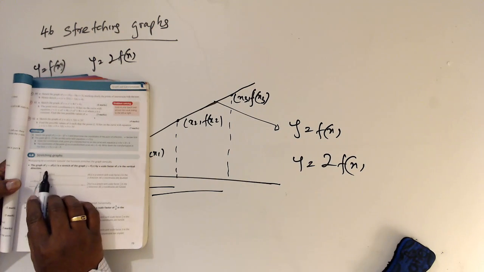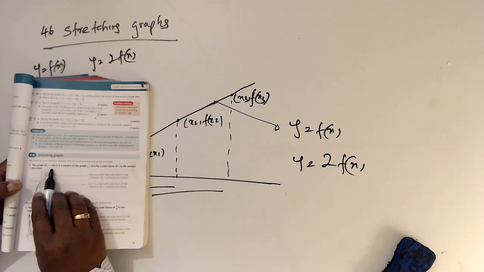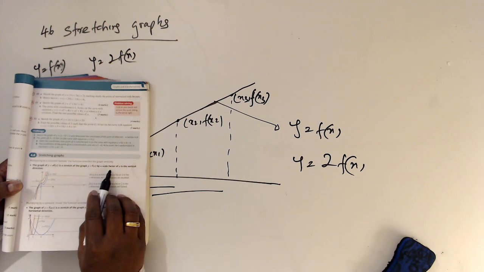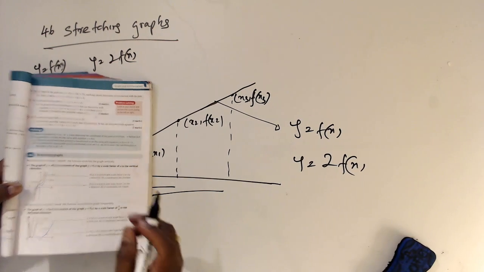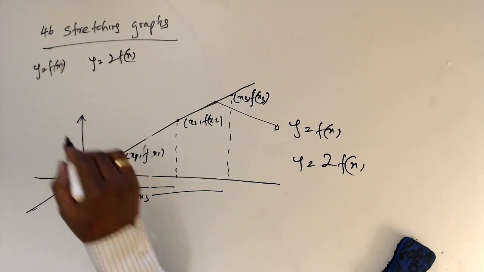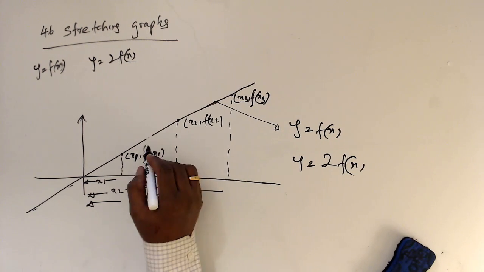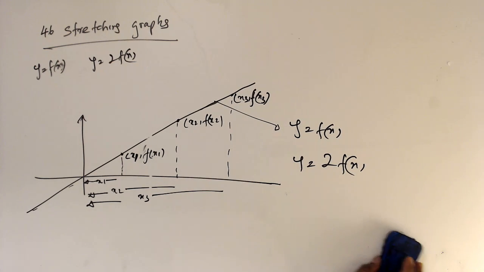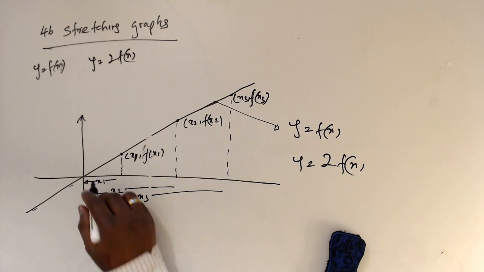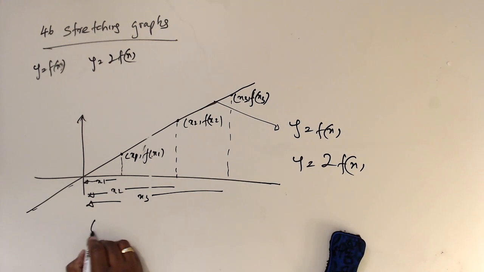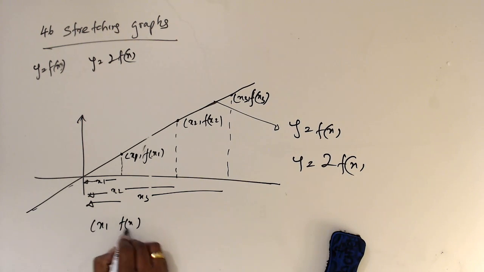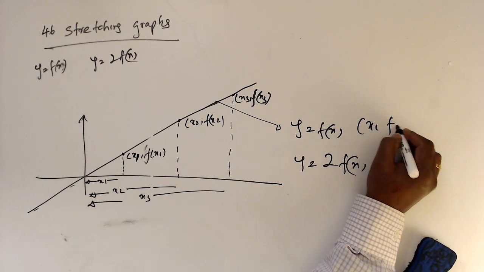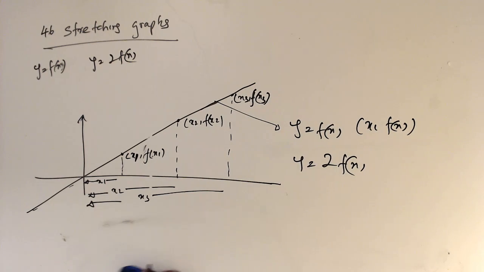The theory is the graph of y = a f(x) is a stretch of the graph y = f(x) by a scalar factor of a in the vertical direction. This is the vertical direction, I mean the y direction. Now in general, what is the general coordinate I want to write? x, f(x).